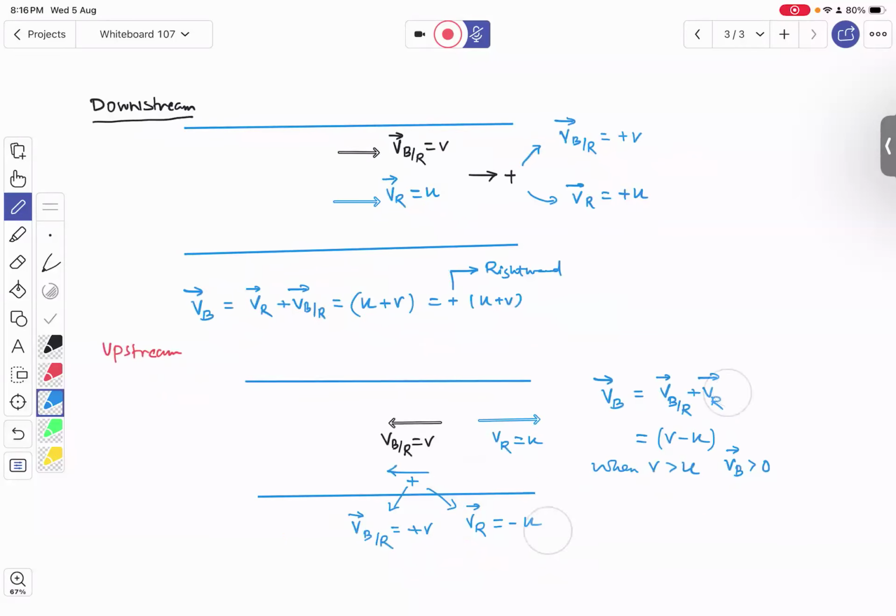Positive here means the leftward direction, so the boat travels in the upstream direction. In case V is less than U, you will get VB to be something negative. So that is going to be the downstream direction.